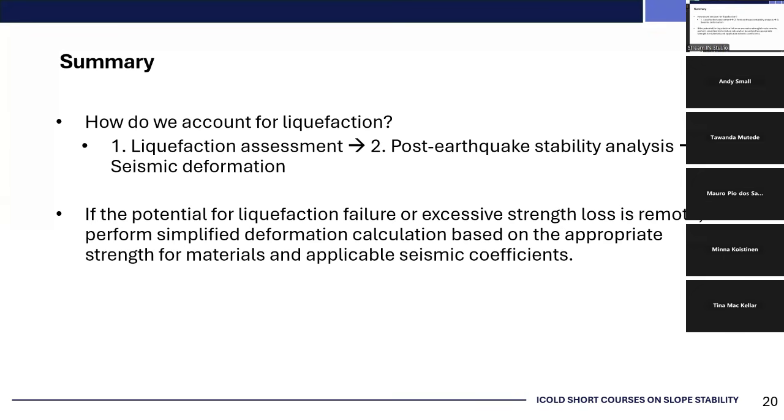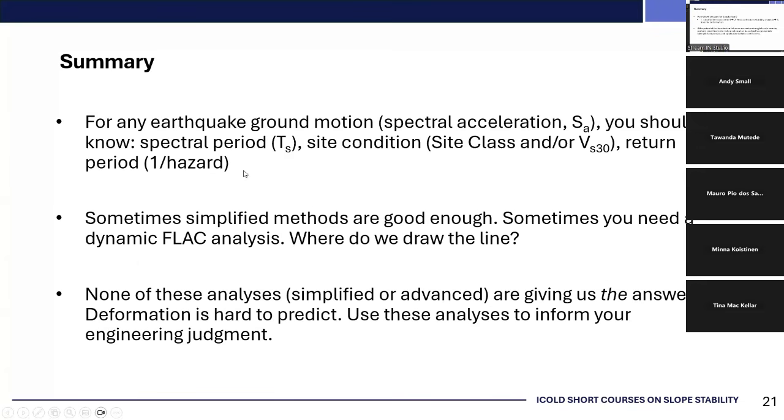And even if your factor of safety is greater than 1.1, you should still look at doing a deformation analysis if you're getting close to 1.1 or 1.2, just to be sure that the deformations are adequate and acceptable to you. But if you're less than 1.1, the deformation analysis is nearly a must.